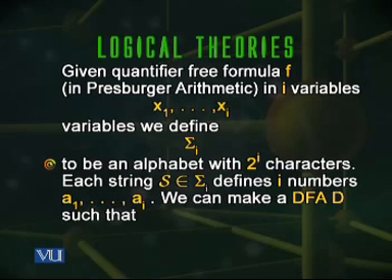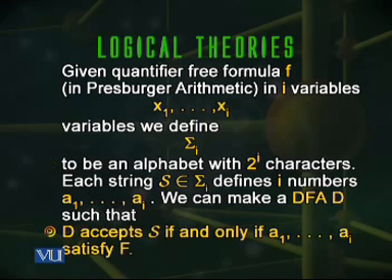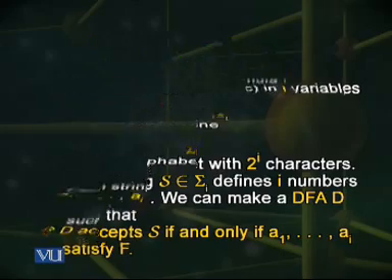We can make a DFA D such that D accepts S if and only if A1 up to AI satisfy this formula. So we can capture all quantifier-free formulas of Presburger arithmetic using DFAs.